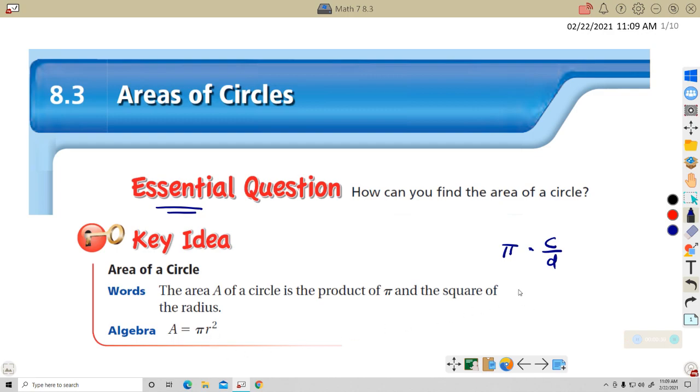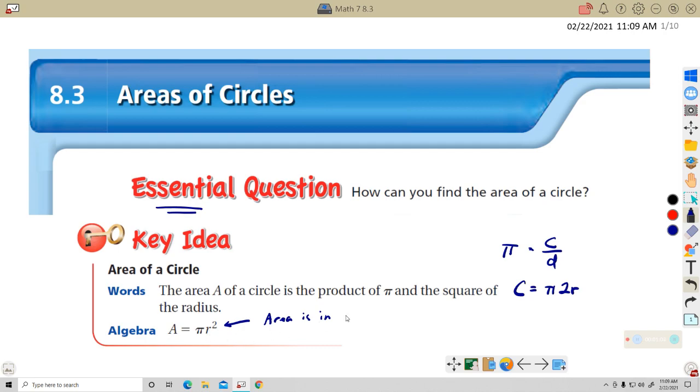Here's where some people get confused sometimes. The circumference was pi times 2r, and the area is pi times r squared. People get these confused. I just want to point out that whenever we talk about area, it is always in square units.